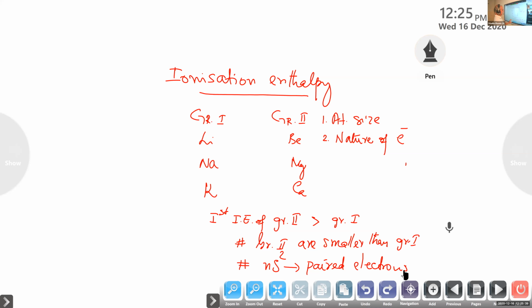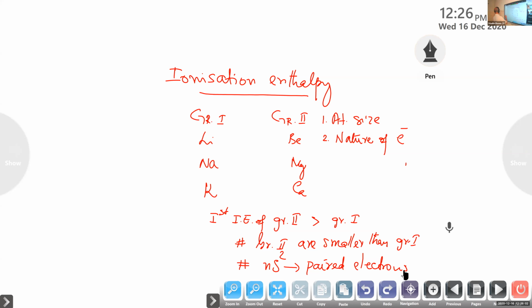So the first electron is to be removed from the extra stable s2 configuration. So the first ionization enthalpy of group 2 elements will be higher than that of the corresponding group 1 elements.